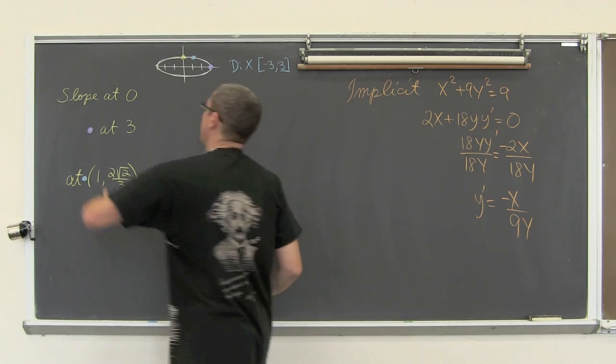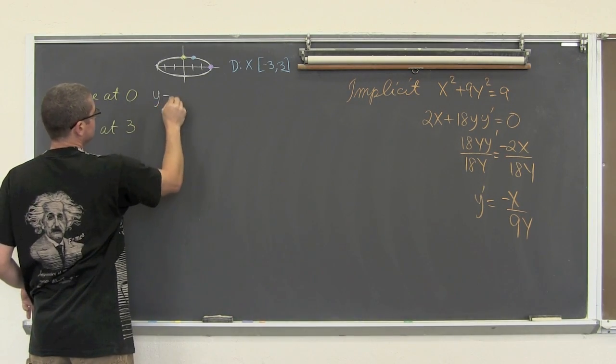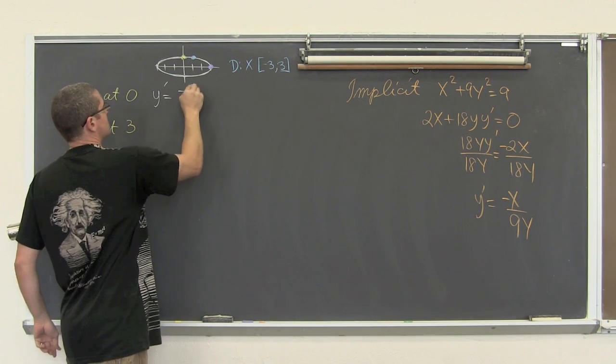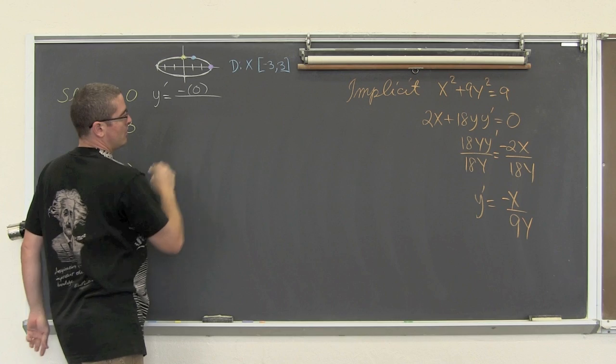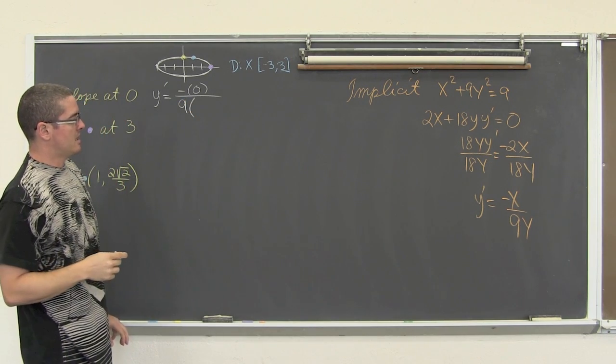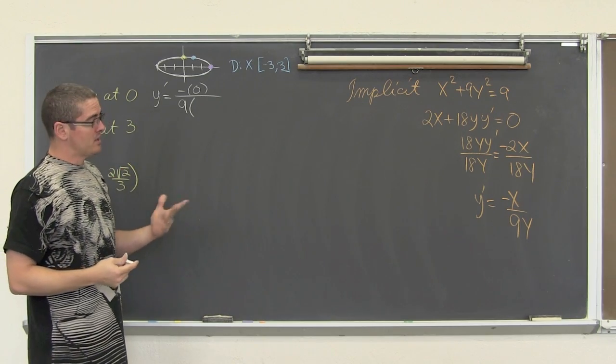So let's just make sure. We're going to take our white chalk here, slope at 0. So y prime at 0, let's see. It's negative x, or negative 0, over 9 times y. Well, I worked the problem both ways, so I know what y is.